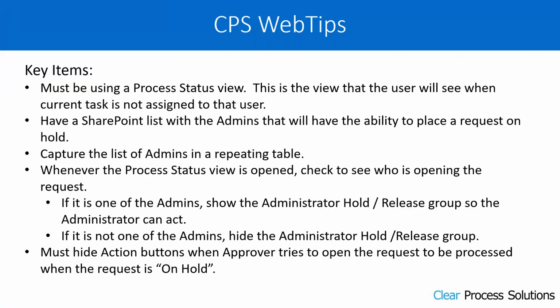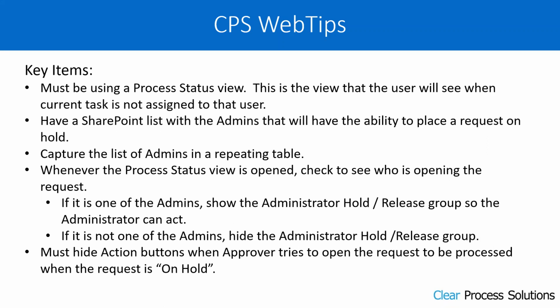So let's talk about some of the key items. In order to implement this in one of your existing forms and workflow solutions, you must be using what we call the process status view. This is something that does come out of the box with the Winshuttle Composer tool, and it gives you the view that people see when the workflow is in process.